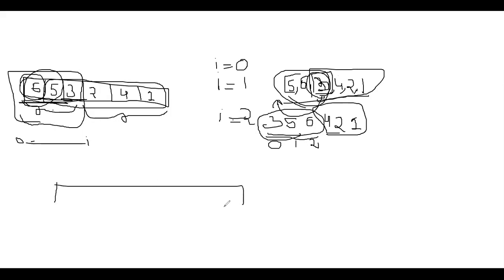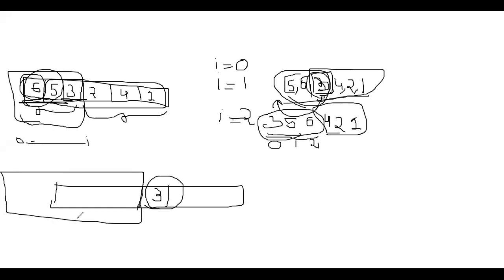So let's say I have an array. I see this element and I want to put it in its right place. This subarray before this element is sorted. This we know because we have maintained it.